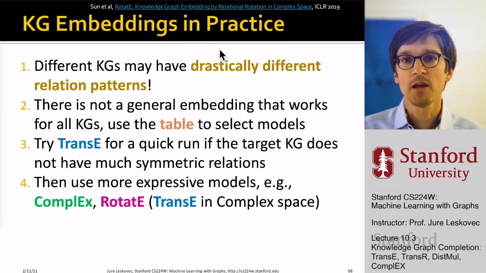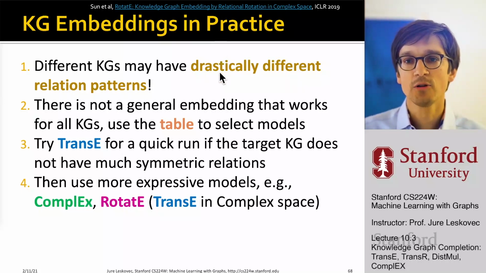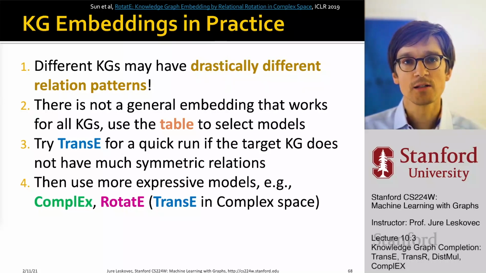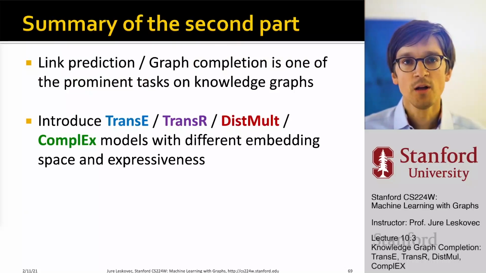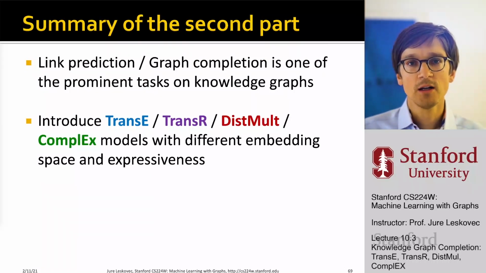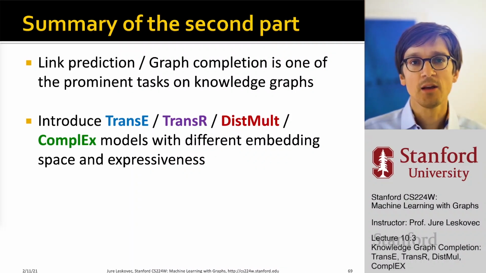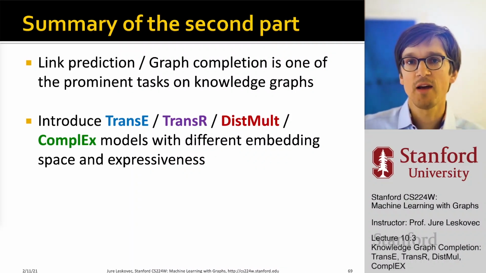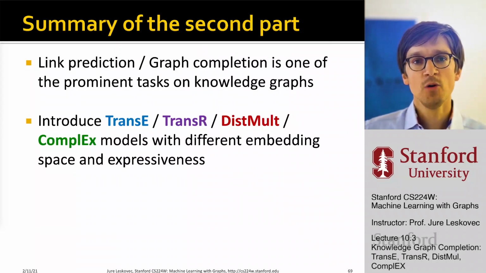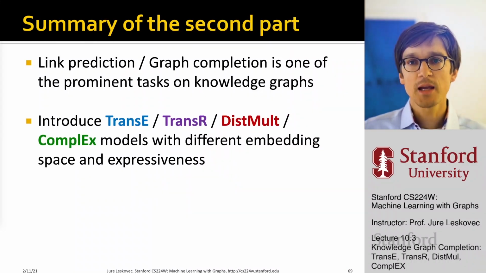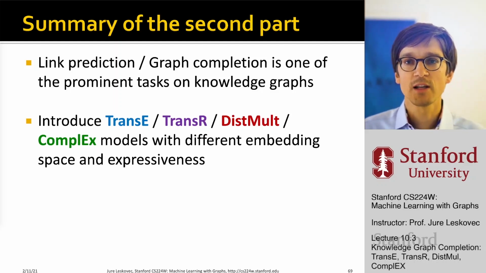There's a paper linked up here that serves as very good follow-up reading if you are interested in this topic. To summarize, we talked about knowledge graph embedding and the knowledge graph completion task as one of the very important tasks in knowledge graphs. We talked about 4 different methods: TransE, TransR, DistMult, and ComplEx. These are models with different embedding spaces and different levels of expressivity, allowing us to model different types of relationships.